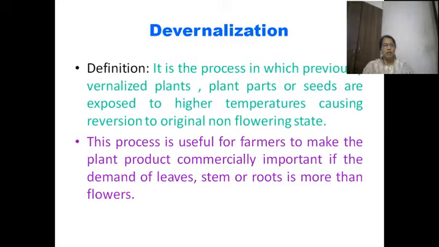So we have studied what photoperiodism is: the use of light, a definite amount of light required by the plant for induction of flowering, because of which one hormone called florigen gets activated and allows the formation of flowers. The second process we have studied is vernalization, where we provide the plants cold at any stage. It is not after the completion of the vegetative stage.